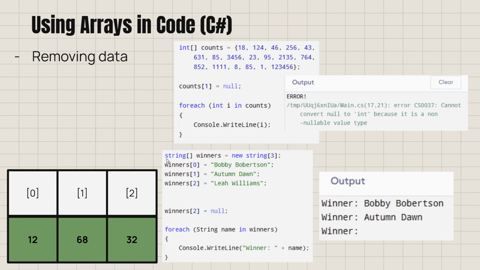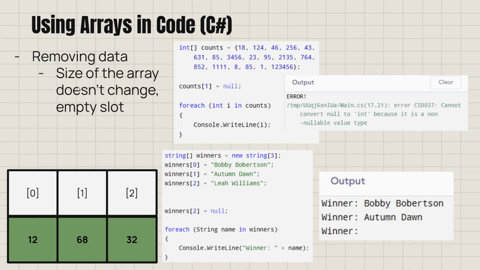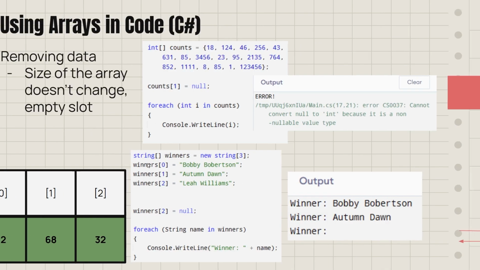For things like objects, you can put null in here. It's typically kinder for objects, because when you put an object in there, you are putting a reference to an object. And null is a reference, it technically means no reference. So when you put no reference in there and it's looking through references, it works out just fine. And once again, the size of an array doesn't change, you just have an empty slot if you make a value null or it doesn't exist.